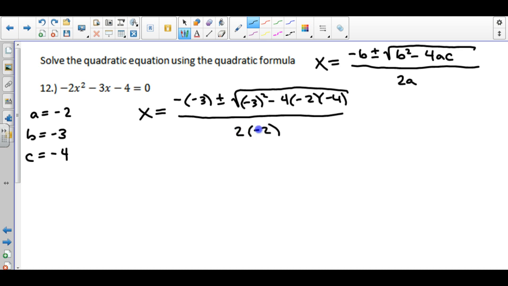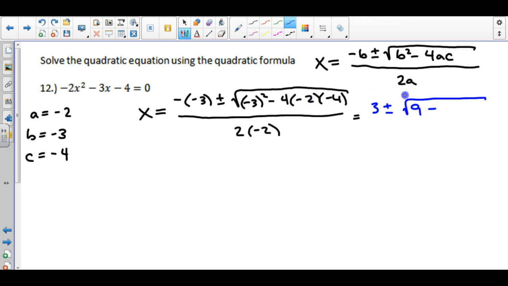Okay, so the next step then is to simplify a little bit on the inside. I'm going to rewrite this as positive 3 then, because it's negative negative. So 3 plus or minus the square root. And I'm going to simplify negative 3 times negative 3 is 9. And it's going to be negative 4 times negative 2 is positive 8.